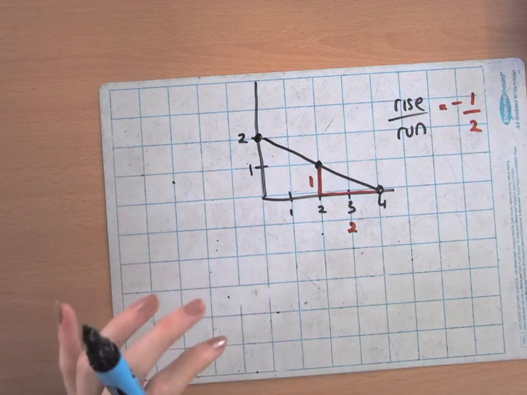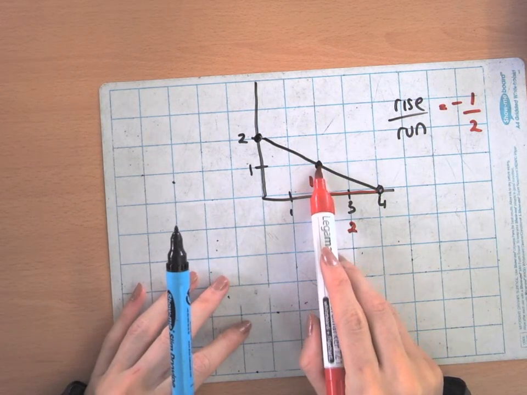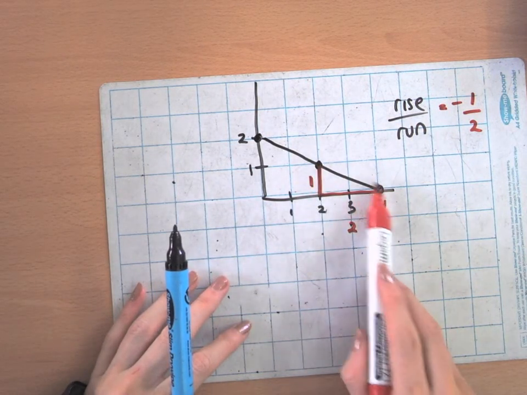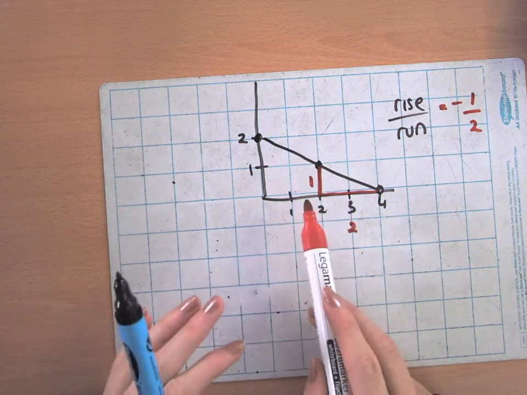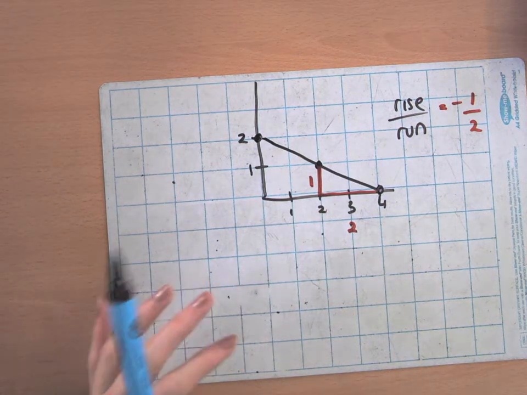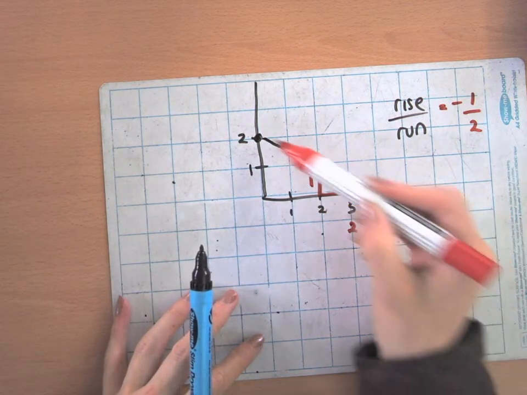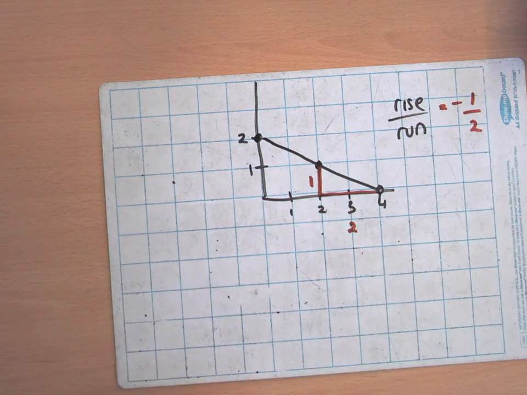Very important that you remember, is it a negative line? If you want, you can think the rise is going down because it's going from here to here, isn't it? So it's minus 1. If you want to say that, that's fine too. Minus 1 over 2. Okay? Or you can just say 1 over 2, but I know it's a negative slope, so it must be a negative. Is that alright? Okay, great.